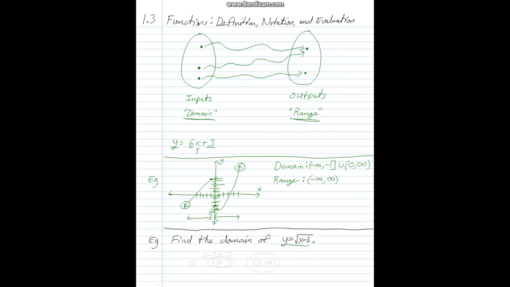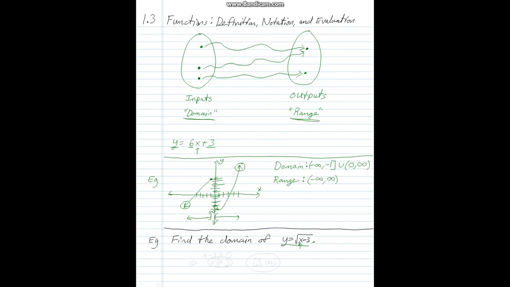The only issue with this function is that x is under a radical, an even radical, so we run the risk of taking the square root of a negative number. That is where our domain comes in handy. I can restrict it so that I avoid doing that.